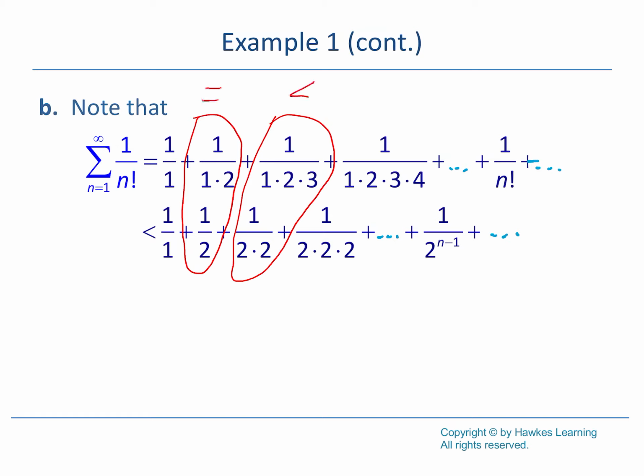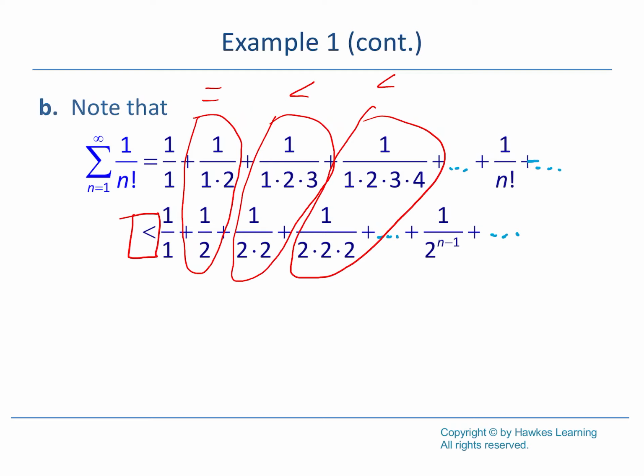The less than sign applies here because 1/6 is smaller than 1/4. Similarly here, 2 times 3 times 4 is 24, and 2 times 2 times 2 is 8. So the top one is less than the bottom one here. And so we have this less than comparison this entire time.